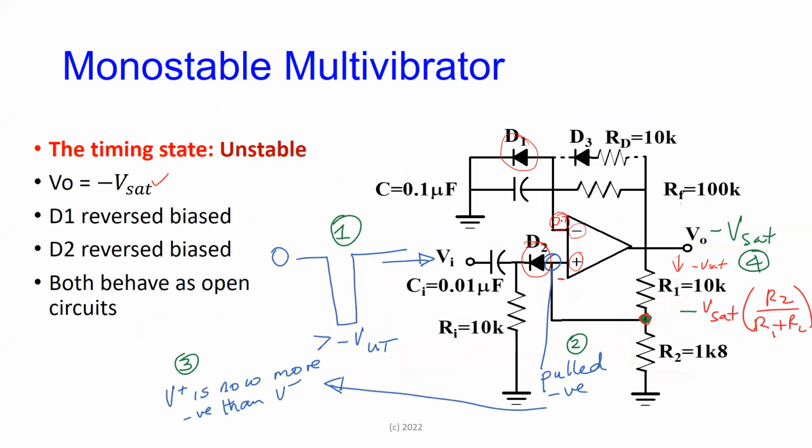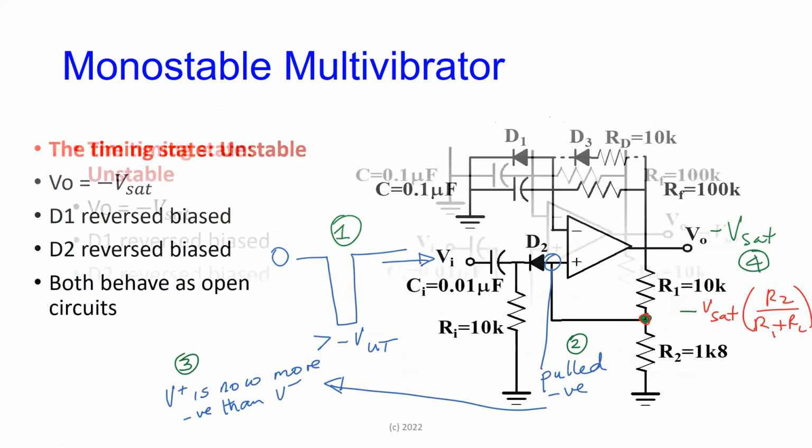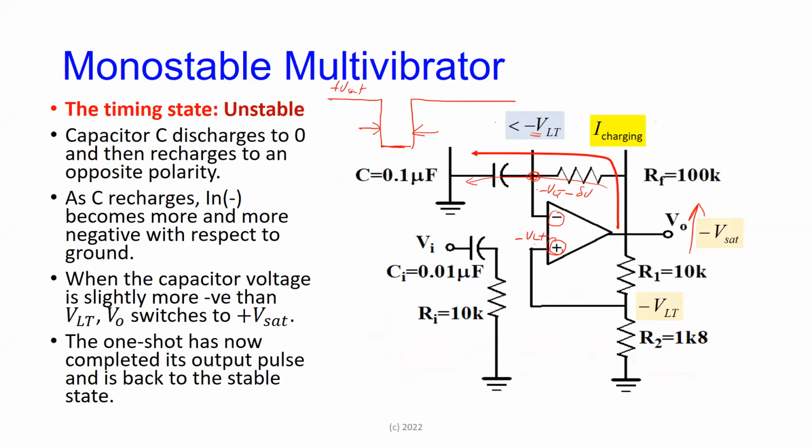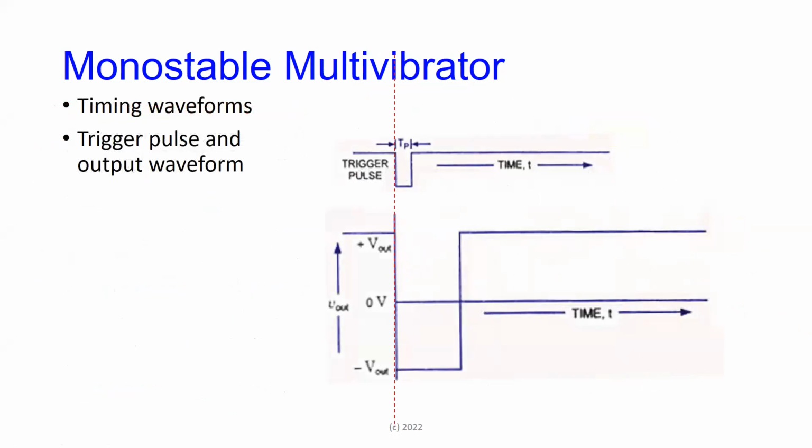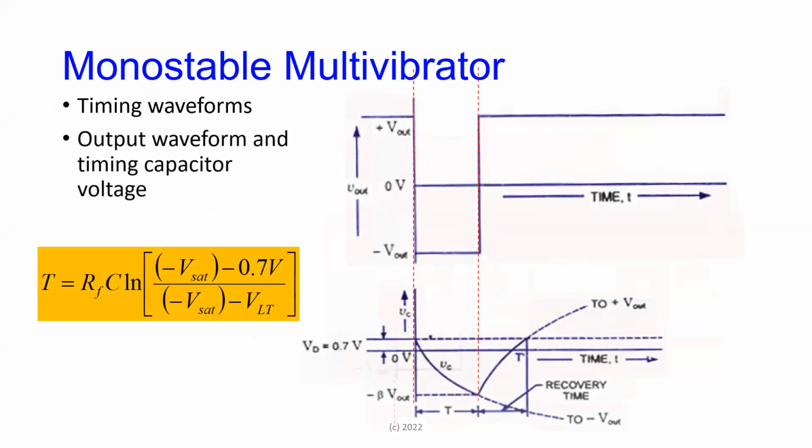The negative going pulse is what starts everything in motion. Having done that, it stays negative for a while, and then it comes back up to the stable state. Again, the relationship is a charging and discharging of the capacitor.